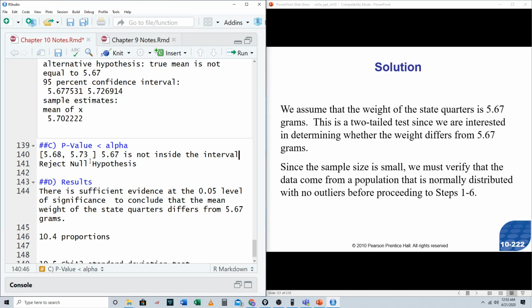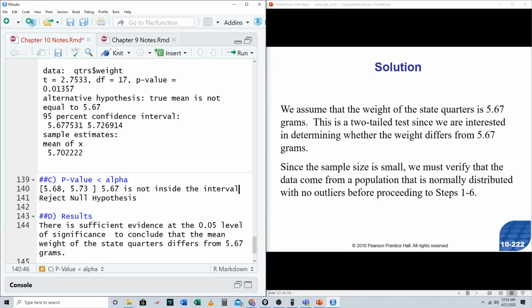So we reject the hypothesis, and there you go. There is sufficient evidence at the 0.05 level that it differs. So isn't that nice? You just do one thing, the t-test, which gives you the probability, and you can do the confidence interval.